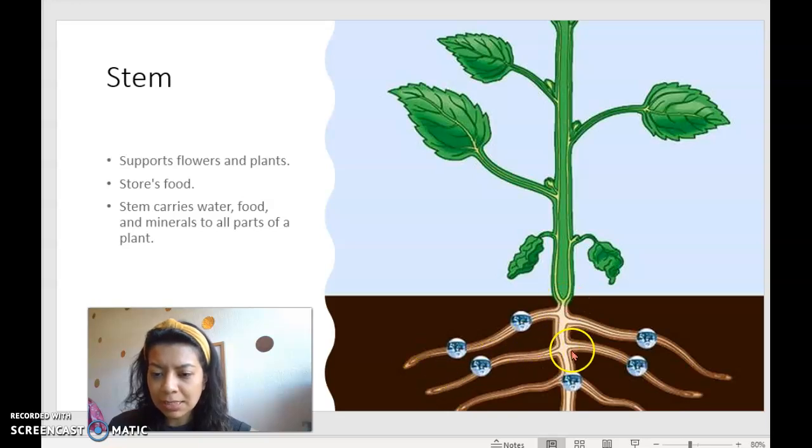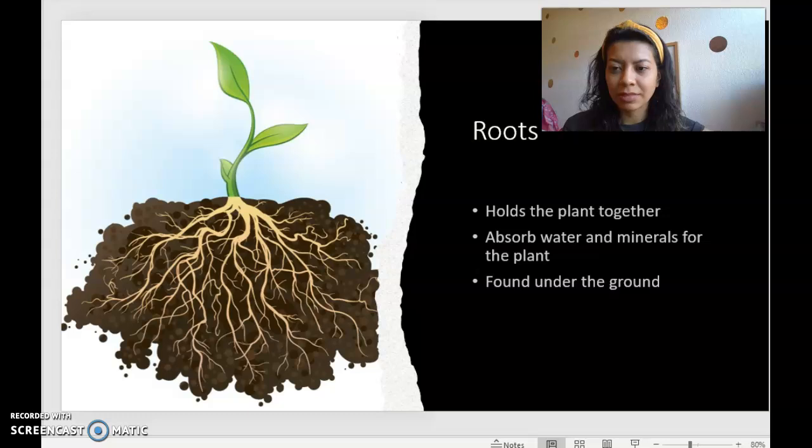Here are the roots that we discussed that were underground. Remember, the roots are something that we are unable to see in the flowers. The roots are also another part of the plant that holds everything together. They absorb water and minerals for the plant, and like I said before, they are found under the ground. If I were to pick out this plant, I would see lots of different roots.